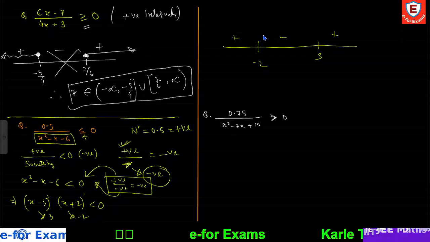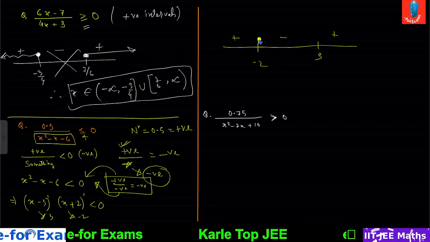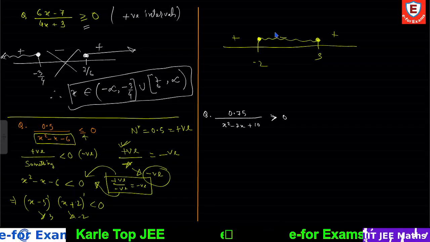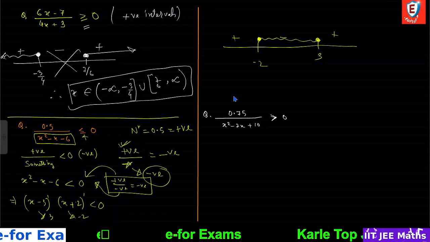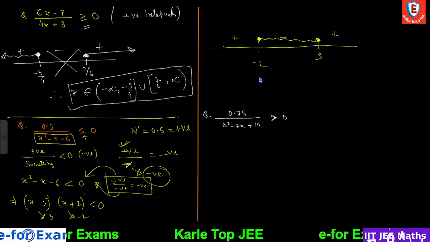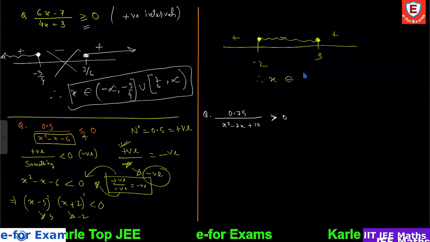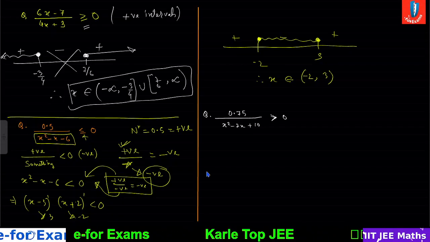For less than, we are going to use only the negative interval, minus 2 to 3. So x belongs to minus 2, 3.